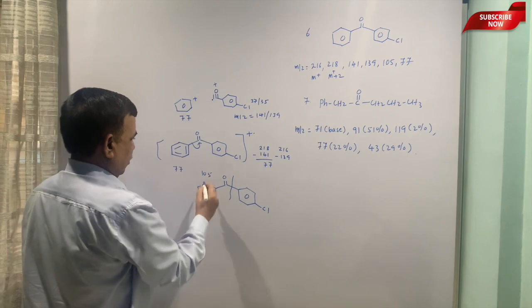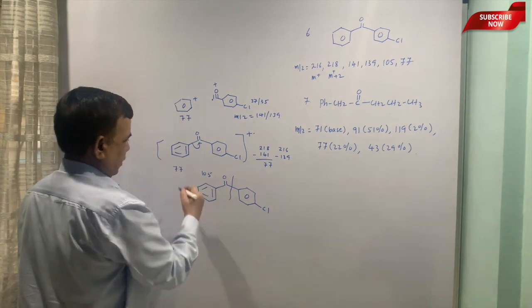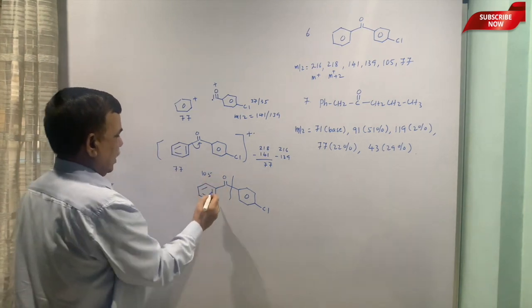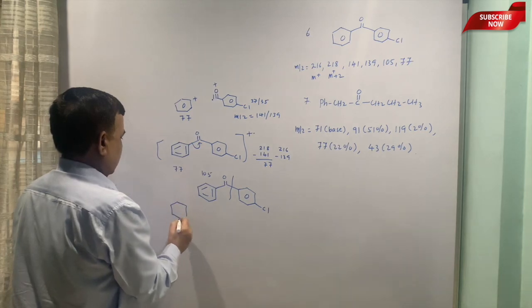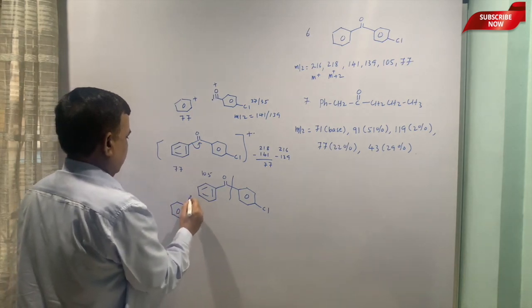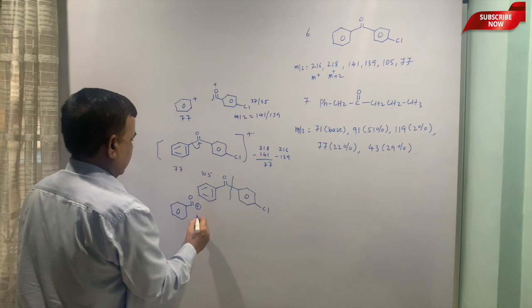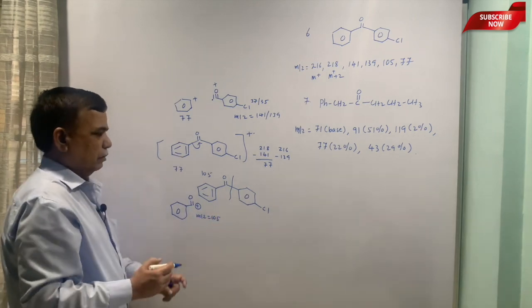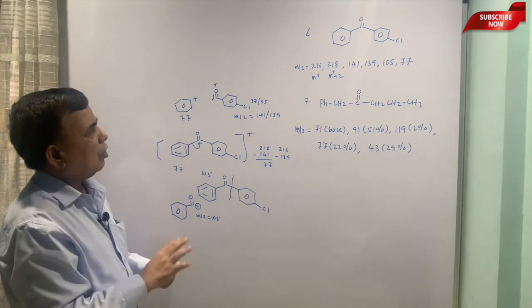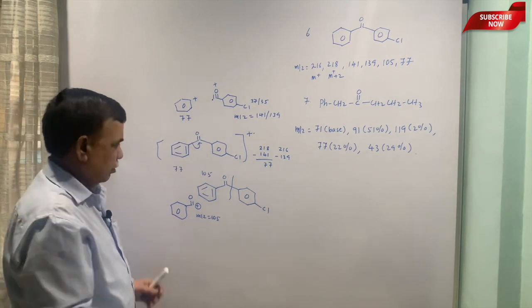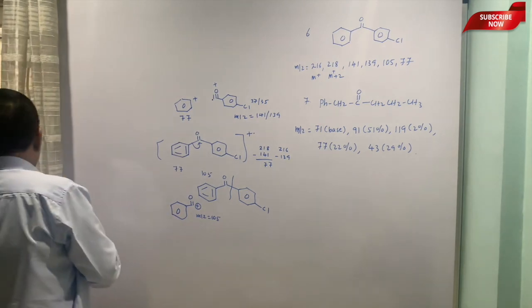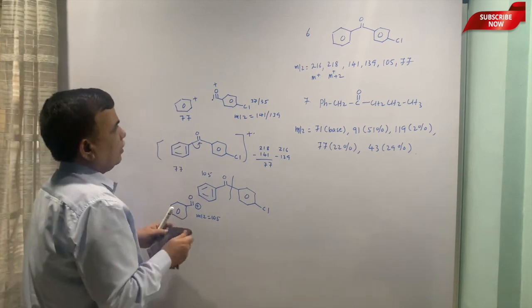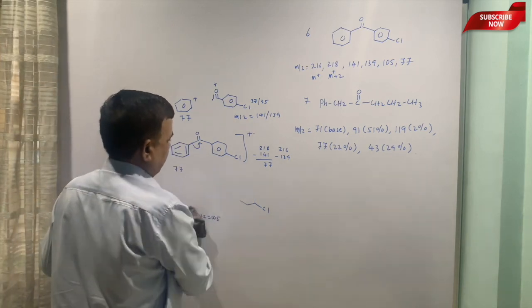This peculiar part, this acylium ion equivalent, is 105. So the moment you put this positive charge here, this is 105. So all the peaks are explained. So that is how you are supposed to check the fragmentation patterns along with isotopes.